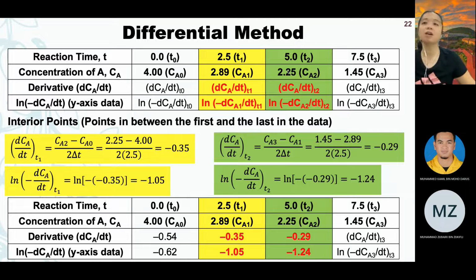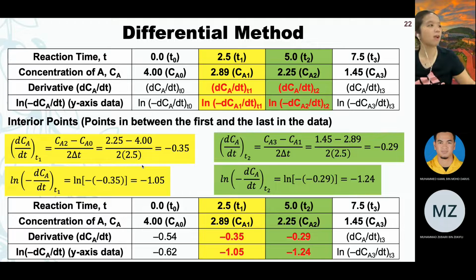Okay, so katakan for the first interior point, which is the second reading, yang kotak kuning ni, maka dCA per dt for the T1 equals to concentration after 2.25 minus concentration before 4 divided by 2 delta T. Again, delta T 2.5. We are taking our data at every 2.5 minute.